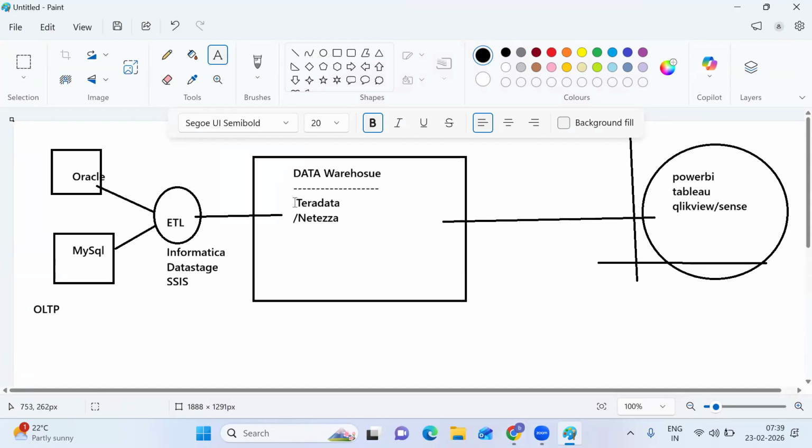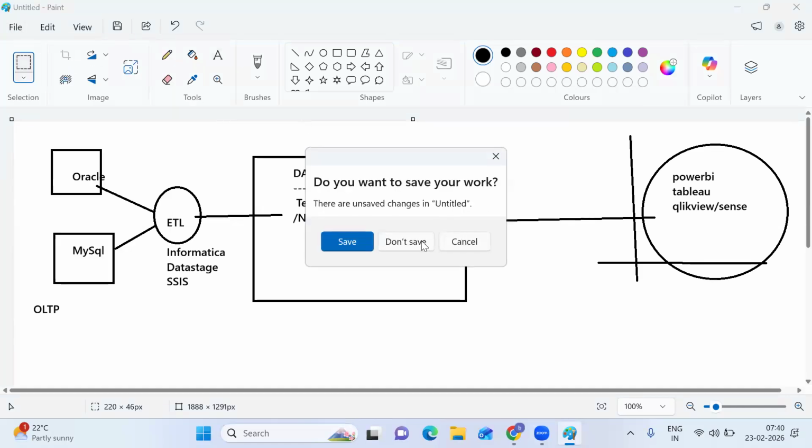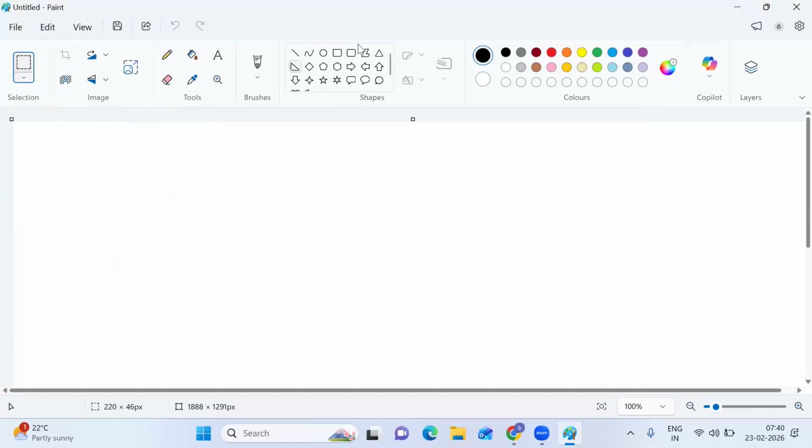After that, with a little advancement in these traditional warehouses, this is termed the modern data warehouse. I go with a fresh picture. Same OLTP systems.